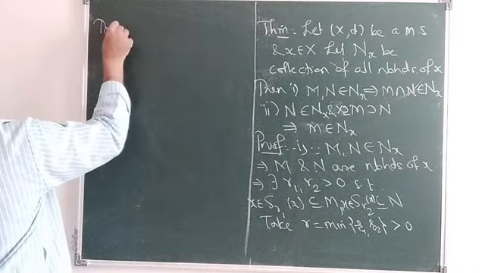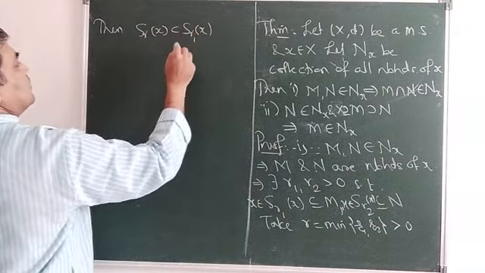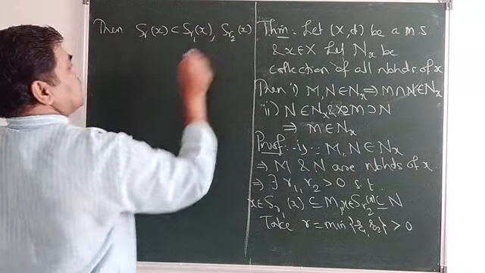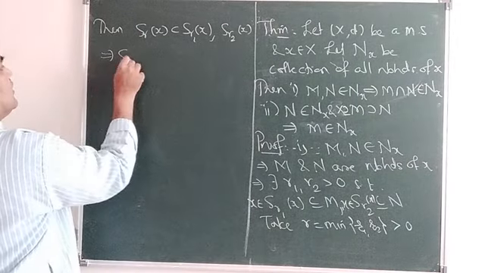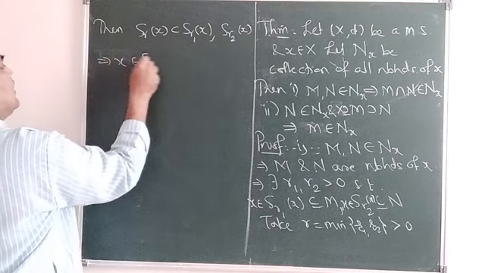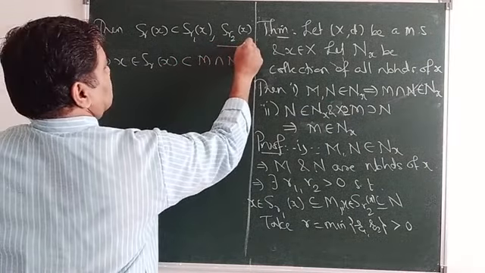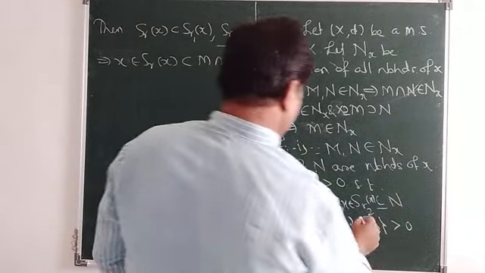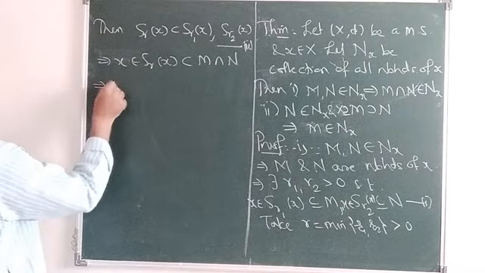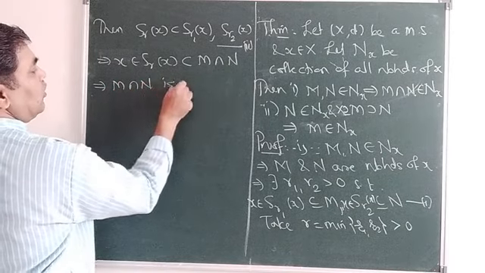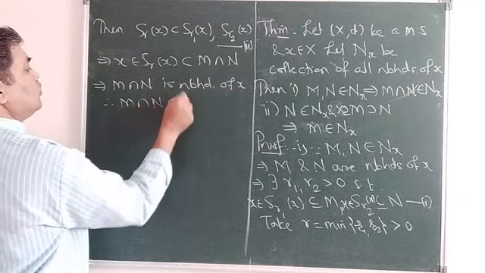Then S_R(x) is contained in S_R1(x) and S_R2(x). So x belongs to S_R(x), contained in M intersection N. This implies M intersection N is a neighborhood of x, and therefore M intersection N belongs to N_x.